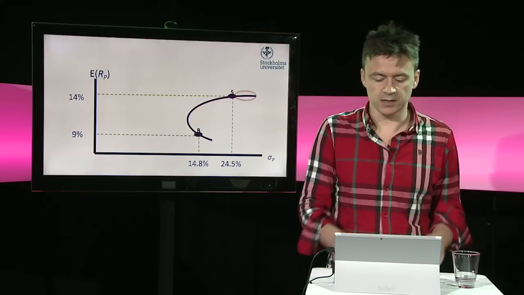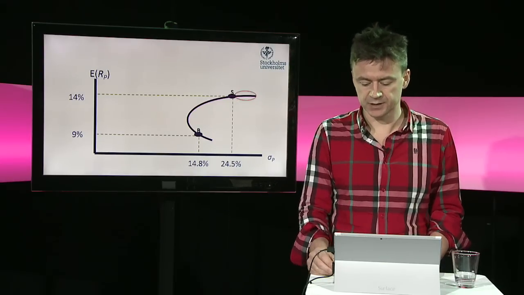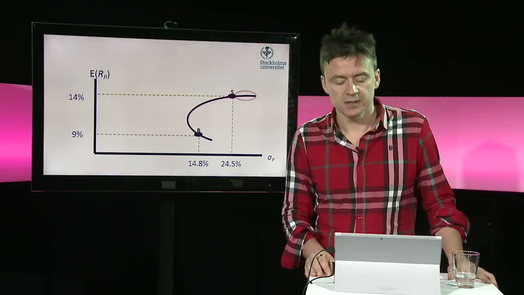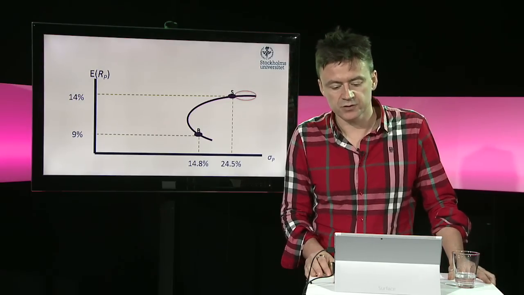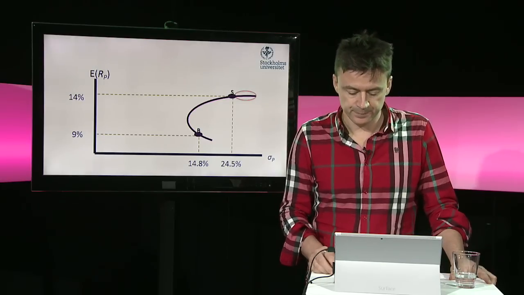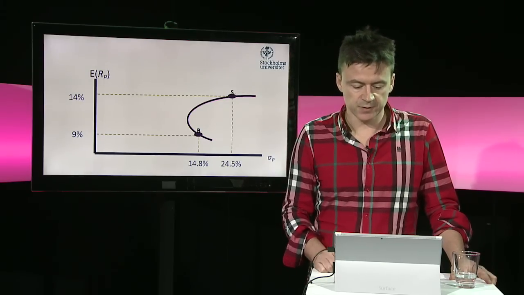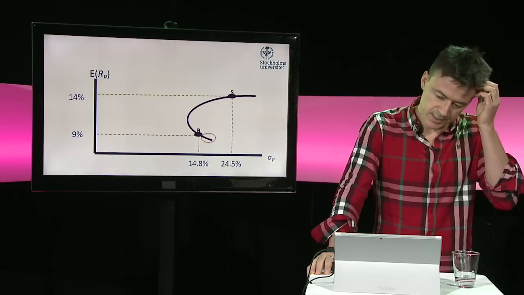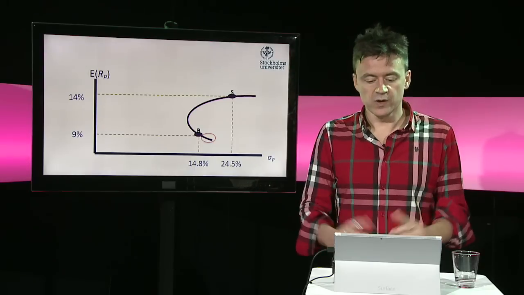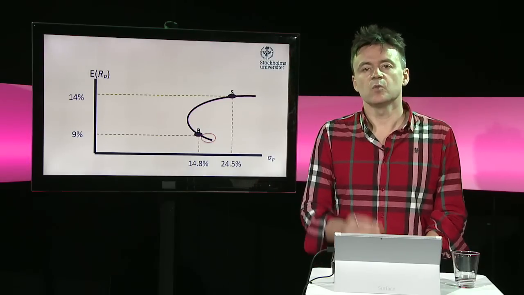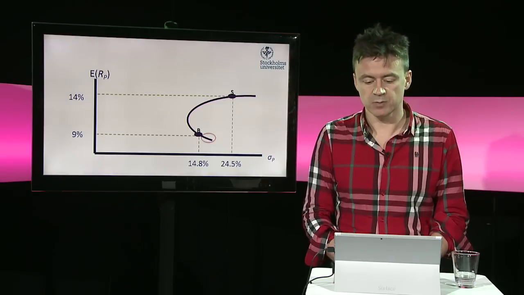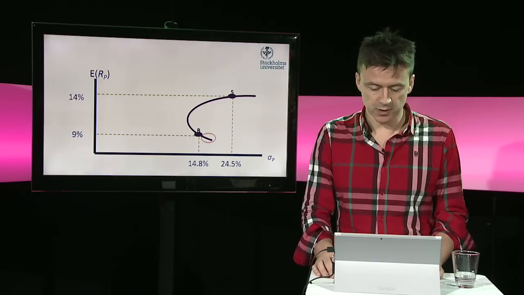That is, they short sell, and any point that sits on that area is the result of a portfolio that short sells the bond and invests in the stock an amount larger than the initial financial wealth. A similar thing we can say about points in that area. In that case, what we have is that we invest in the bond more than our initial wealth, and we finance those extra investments in the bond by short selling the stock.